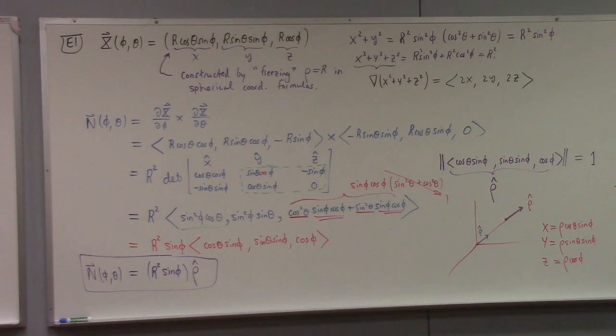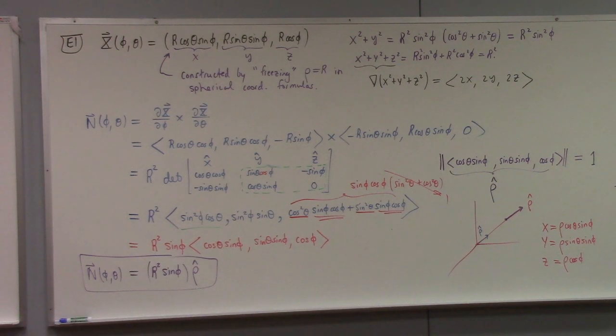This is partial rho partial x, this has to be partial rho partial y, this has to be partial rho partial z. So what do we have? Putting this together, rho hat equals, what's the gradient?